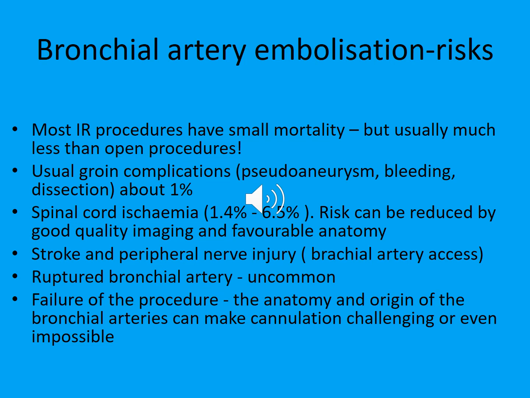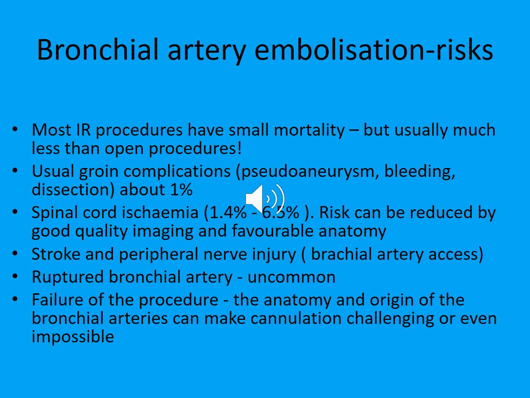A terrible complication of bronchial artery embolization is spinal cord ischemia that can be seen in up to 6.5% of the cases. The risk can be reduced by good quality imaging and favorable anatomy. Stroke and peripheral nerve injury are complications typically seen in patients with brachial artery access.